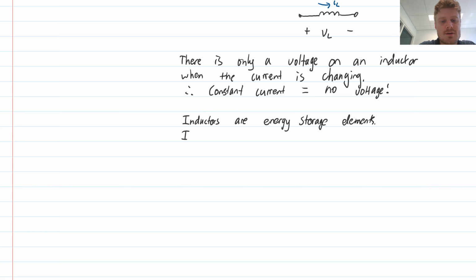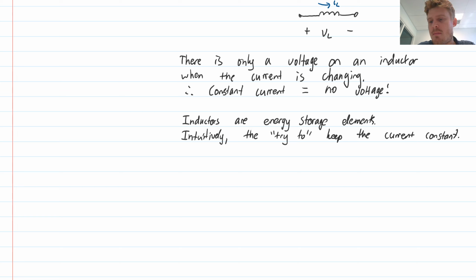Intuitively, they try to keep the current constant. More precisely, what actually happens is they will apply a voltage in order to try to maintain that constant current. In other words, they act as a voltage source for a short period of time in order to maintain a flow of current.